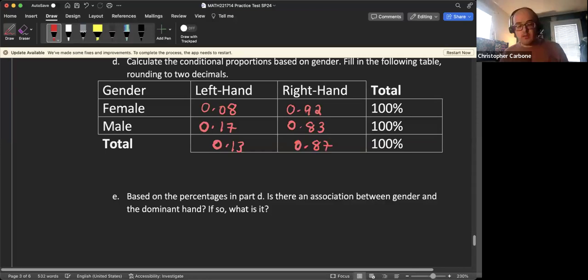And then part E at the bottom, I want to know, does there appear to be an association? Which in this case, there does seem to be a decent one there.